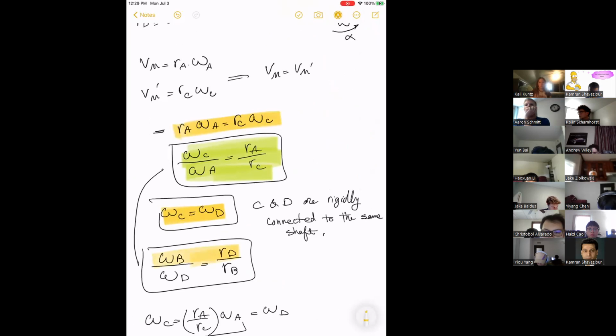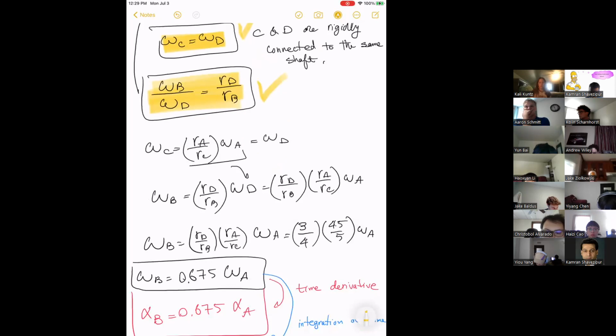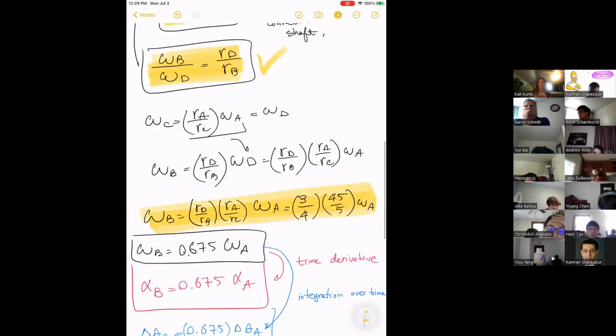Now, from A to C, C to D, and D to B, we could simply relate omega A and omega B with this relation. We substitute the values, and we got this number.